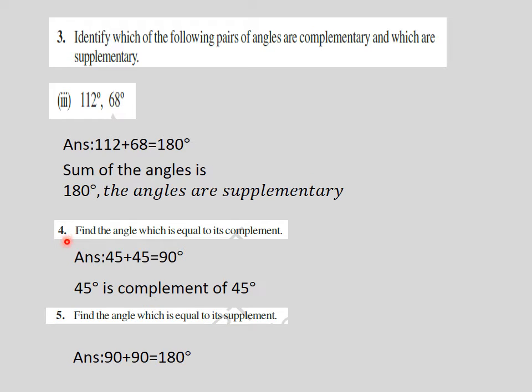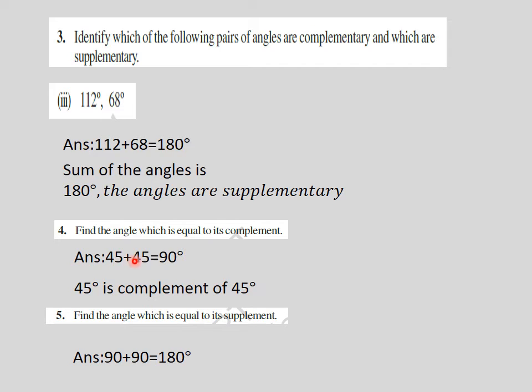Next, fourth question. Find the angle which is equal to its complement. So that angle is 45. 45 is the complement of 45, because if you add 45 to 45, you get 90 degrees.